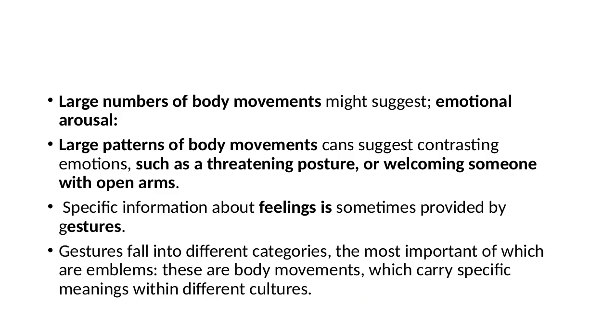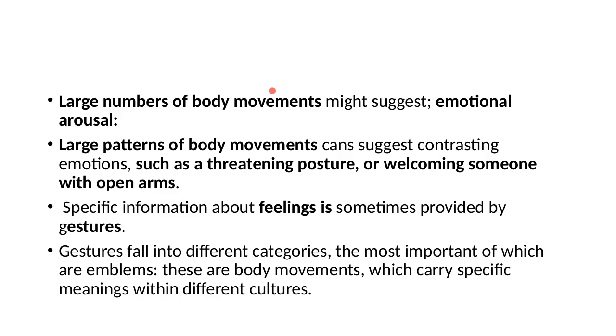So, other types of nonverbal communication include a large number of body movements, which normally might suggest emotional arousal. When, for example, a lady is feeling some shyness, and the gentleman who is talking to her might show some emotional arousal by moving a lot of her body parts.